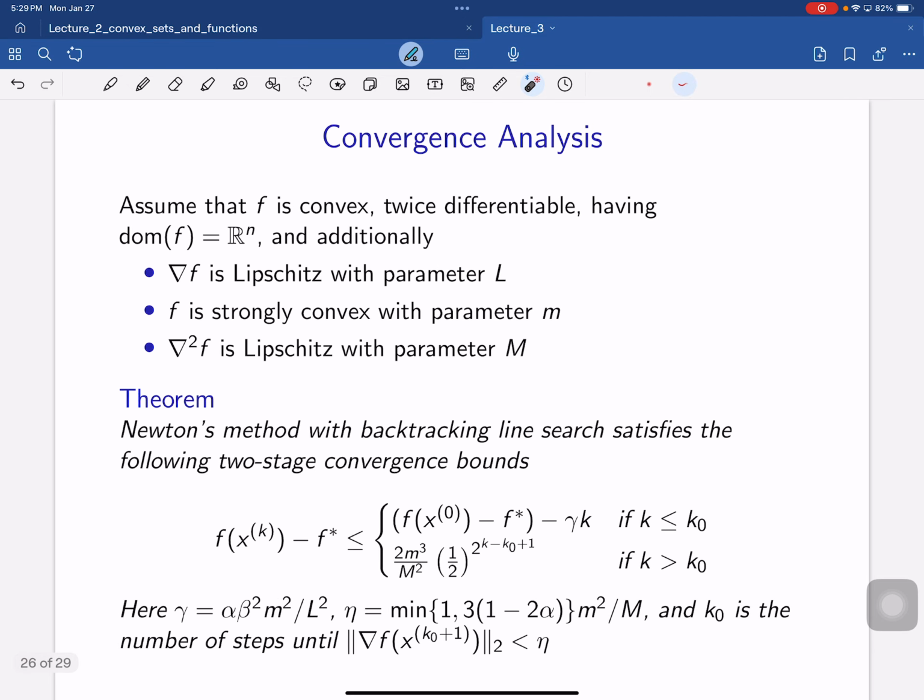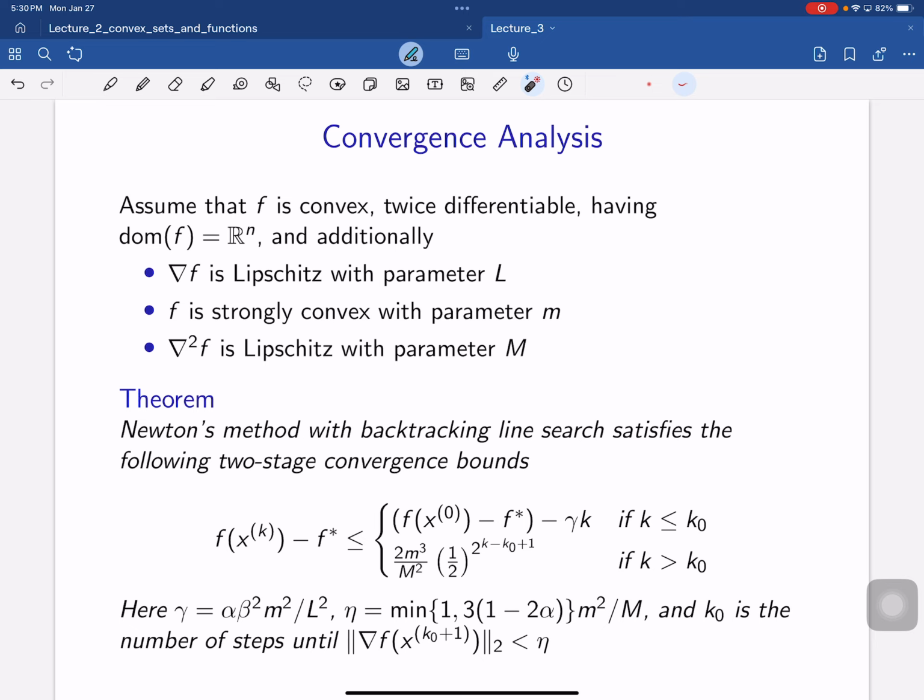So what about convergence analysis? Again, if you take a whole semester class on convex optimization, this would probably be 2 or 3 lectures to prove the convergence of Newton's method. I will just show you the result to give you some intuition on how fast Newton's method converges. The conclusion is the following.